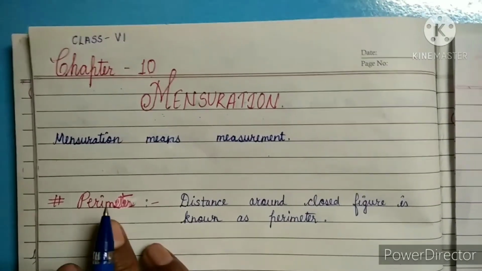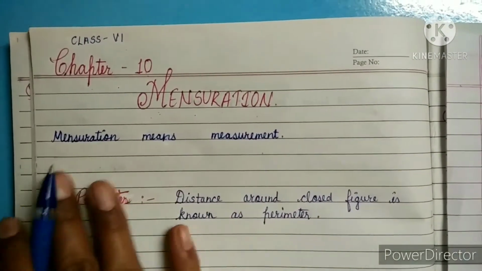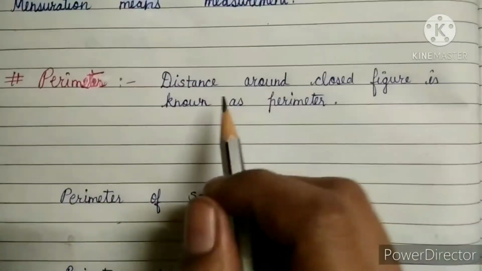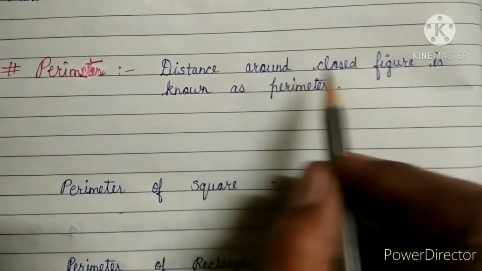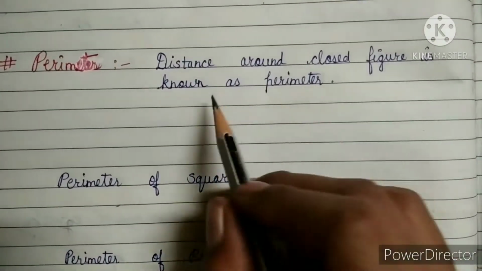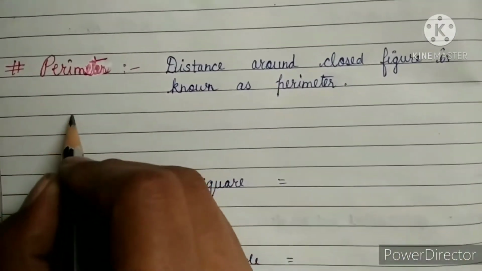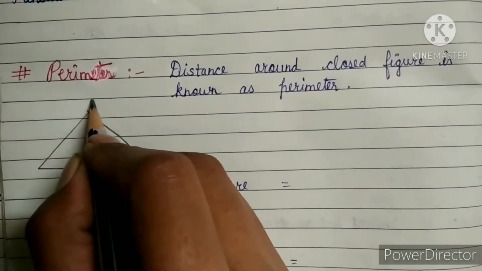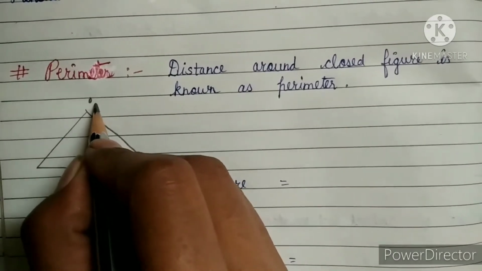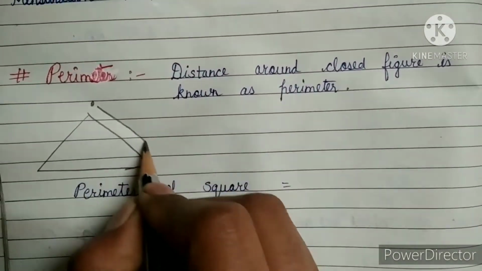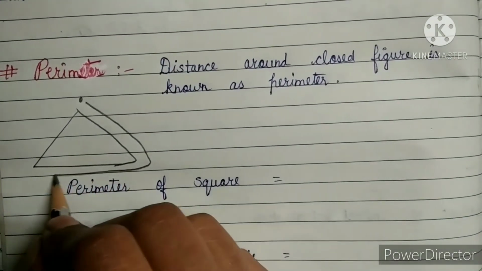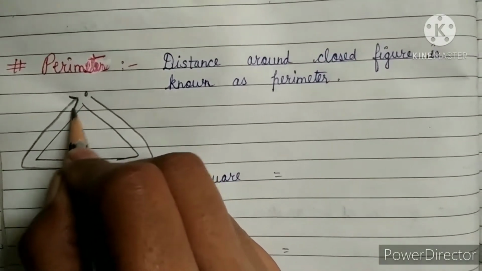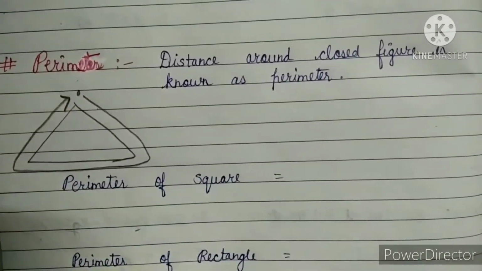Perimeter is the distance around a closed figure. What is written in the definition? Distance around a closed figure is known as perimeter. If I take a simple triangle, when you start moving from one point and cover it, the distance around the figure is known as perimeter.